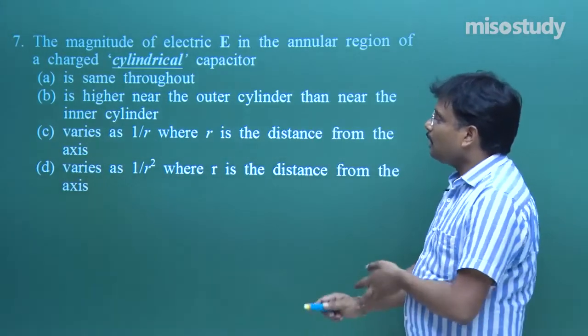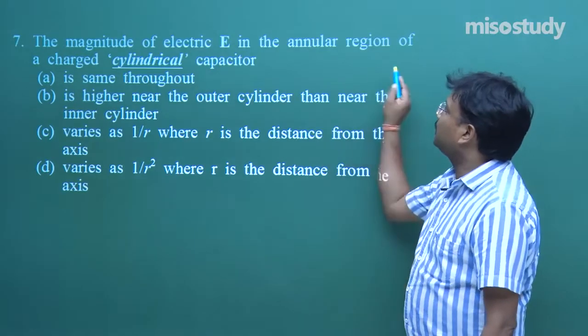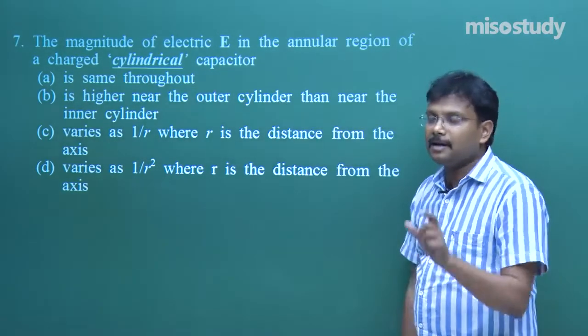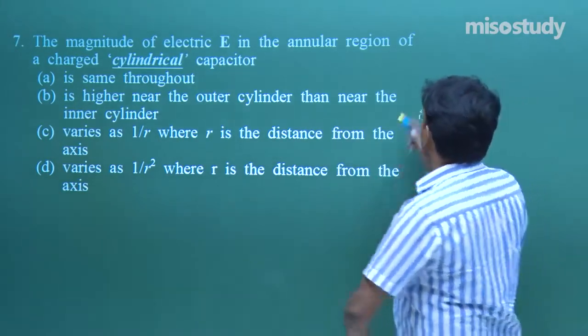Now, magnitude of electric field in the annular region of a charged cylindrical capacitor. What is the meaning of annular region?